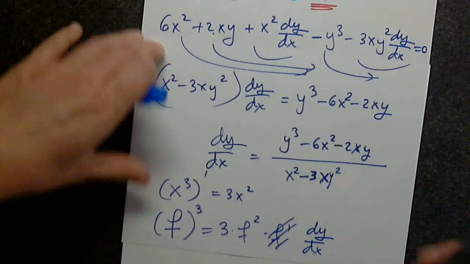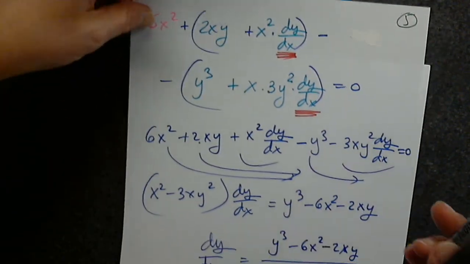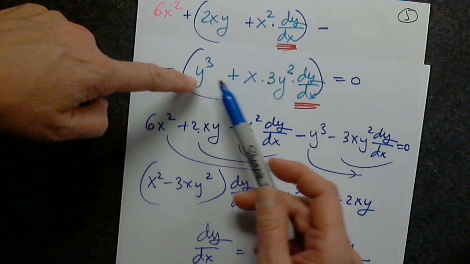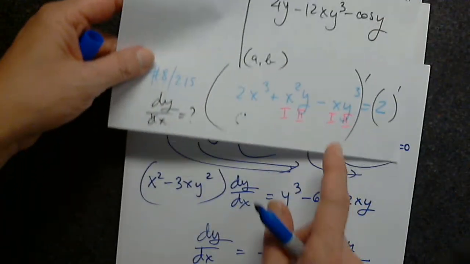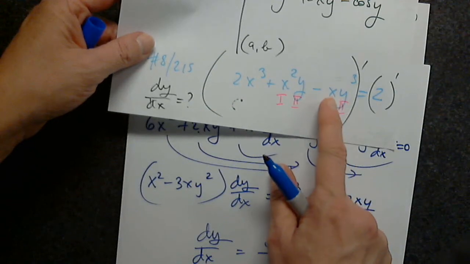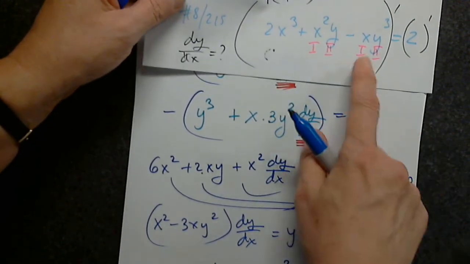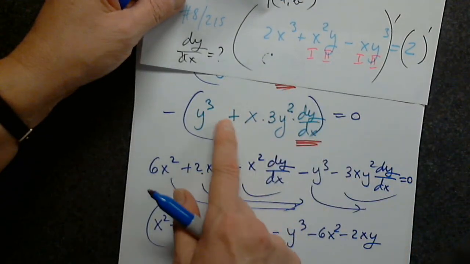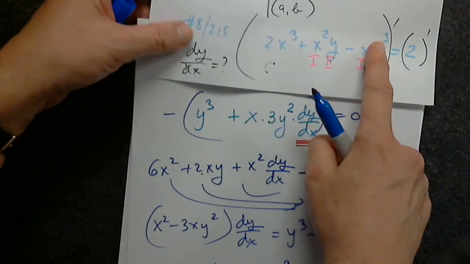Okay. So when I differentiate x times y cubed, I use the product rule. The first function prime is 1 times the second function, plus I copy the first function, and now I differentiate the function to the third power.